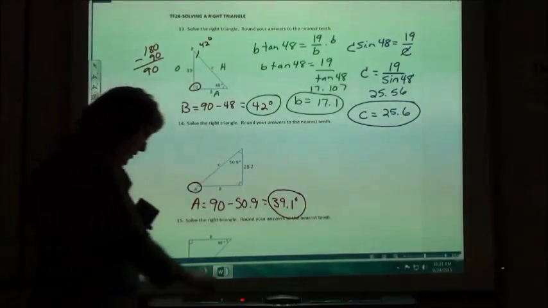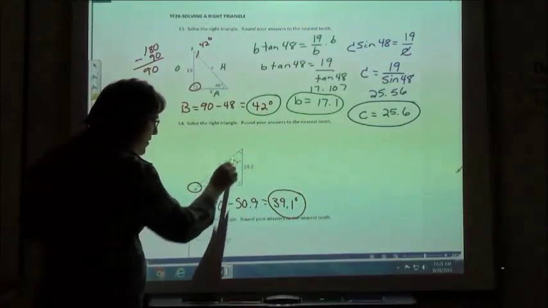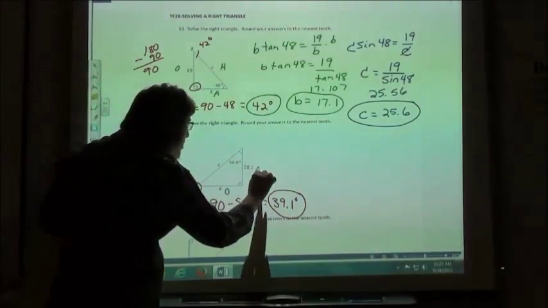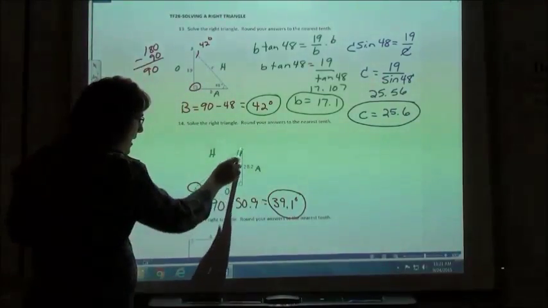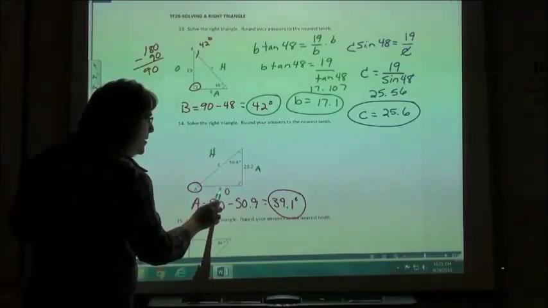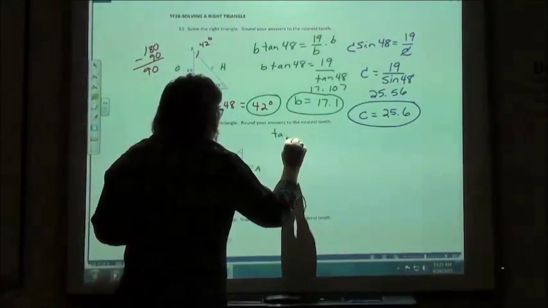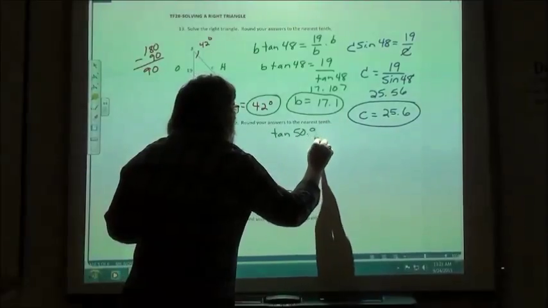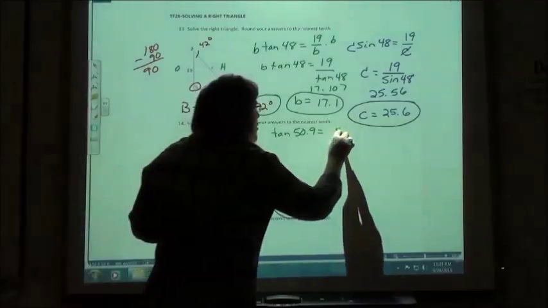The other ones, I'm going to use the angle that is already marked. I know that this is my opposite, my adjacent, and my hypotenuse. So if I'm trying to find B, I'm going to use the opposite over the adjacent, so I'm going to use tangent. So the tangent of 50.9 is going to equal B over 28.2.